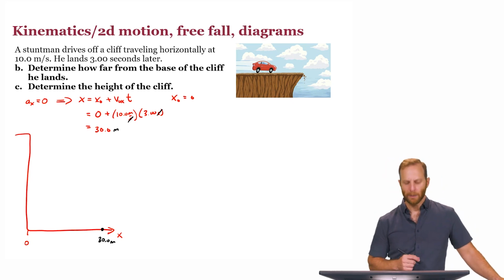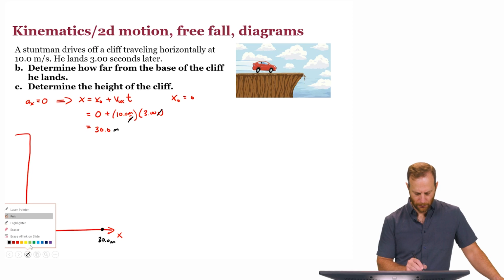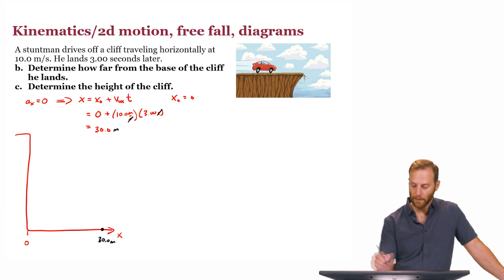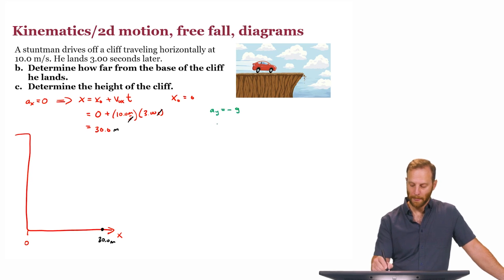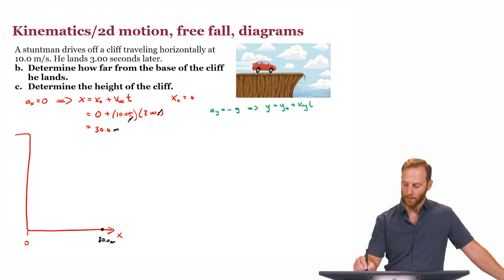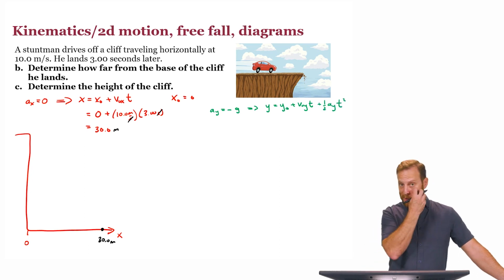Lastly, what is the height of the cliff? This process should look very much the same. Because a_y is equal to minus g, and given an equation that looks like this, y is equal to y naught plus v naught y times t plus 1/2 a_y t squared, we can simply evaluate this.